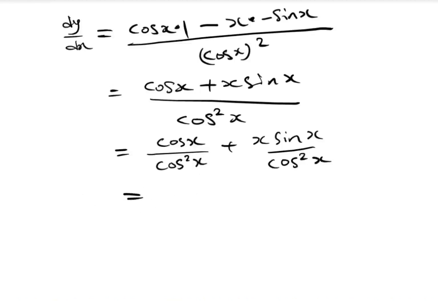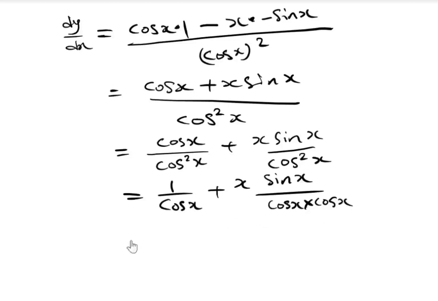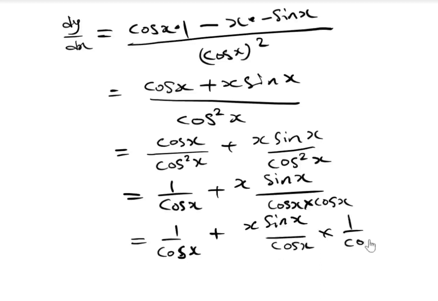This will be equal to cos x divided by cos squared x will be 1 divided by cos x, plus x sine x divided by cos squared x, which is same thing as cos x multiplied by cos x. Then this is equal to 1 divided by cos x plus x sine x divided by cos x multiplied by 1 divided by cos x.